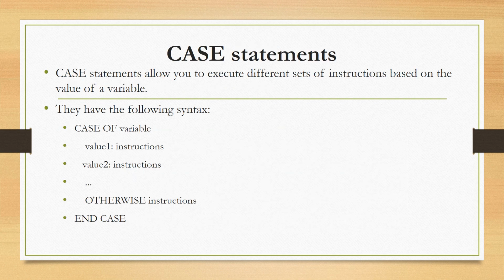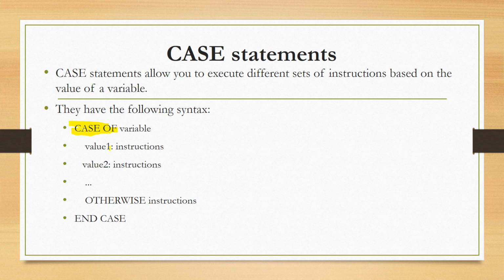The next selection statement is the case statement. Case statements allow you to execute different sets of instructions based on the value of a variable. They have the following syntax. Case is a keyword, of is also a keyword, and here you specify the variable name, and inside the variable there will be some value.